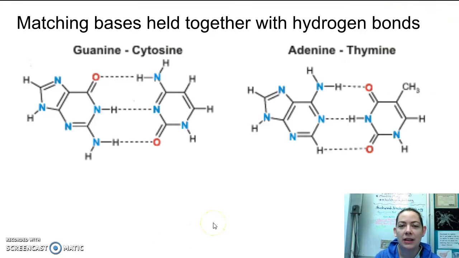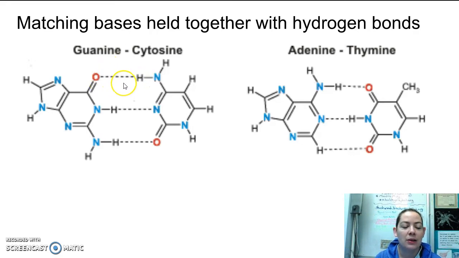Now, one thing that took them a little longer to figure out was that these matching bases were held together with hydrogen bonds. So hopefully you remember these from learning about water. A hydrogen bond is a weak bond. You know, it's not nearly as strong as a covalent bond or an ionic bond.